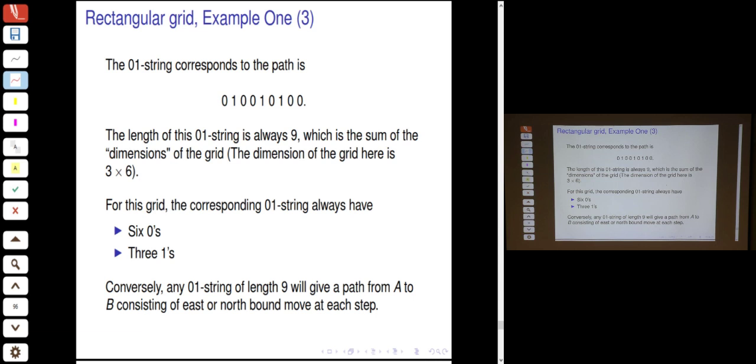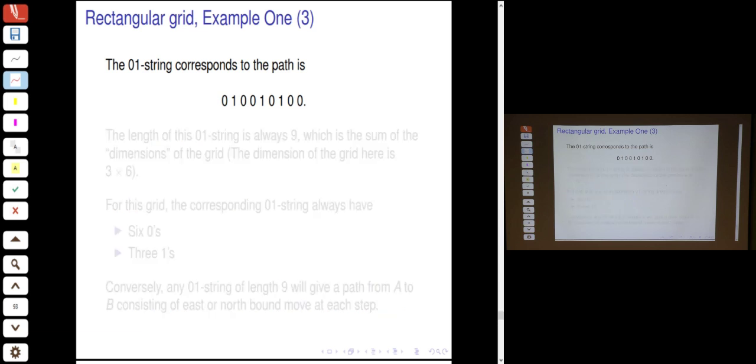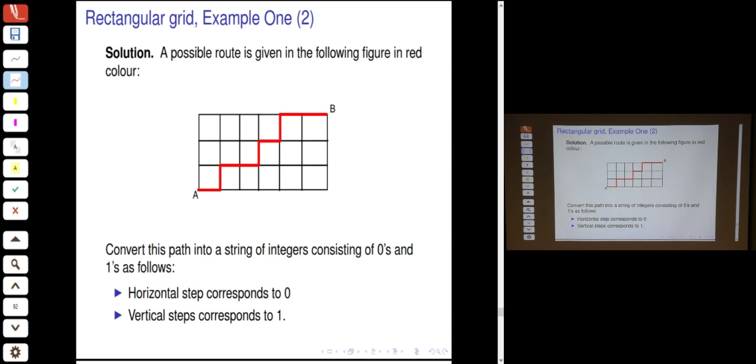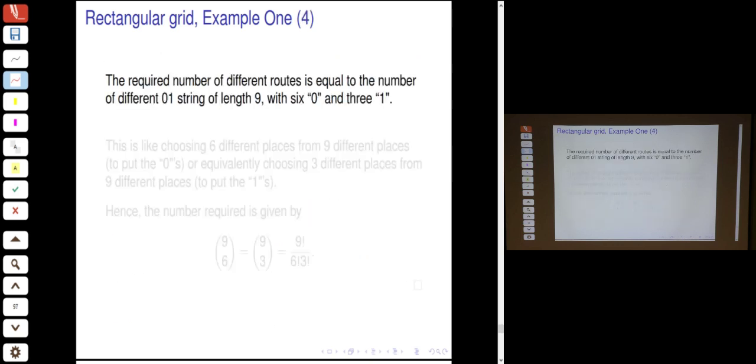I'm changing the counting problem from this geometric one into counting the number of strings. So by the analysis above, the required number of different routes is equal to the number of different 0-1 strings of length 9 with 6 zeros and 3 ones. So we change the counting problem into an equivalent counting problem.